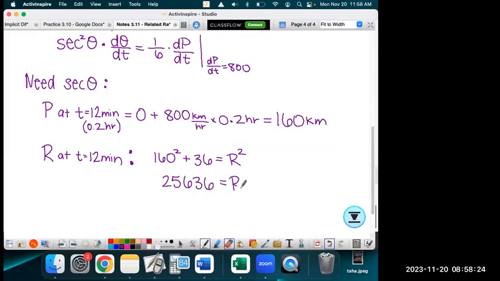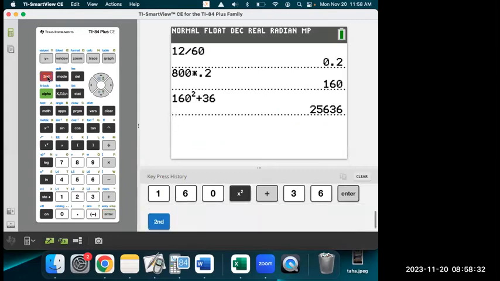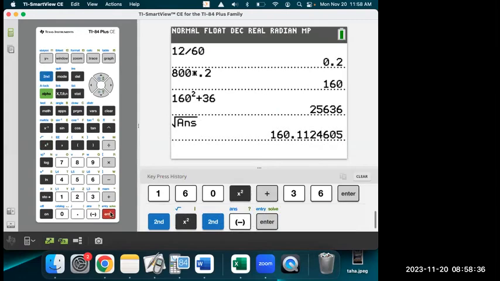Square root that, and we get, we'll round that to 160.112.